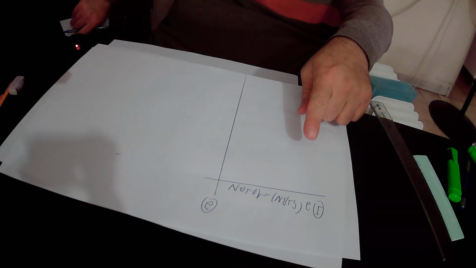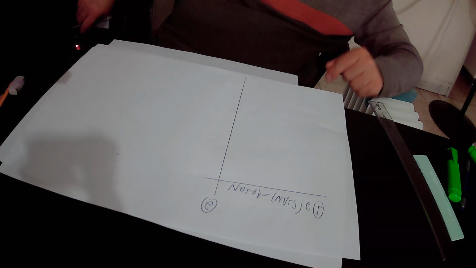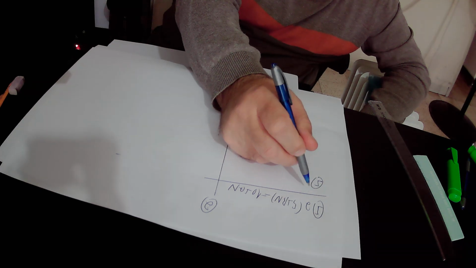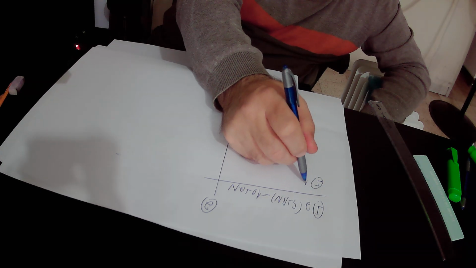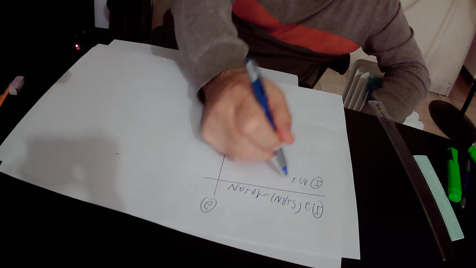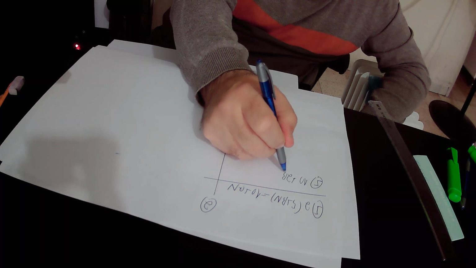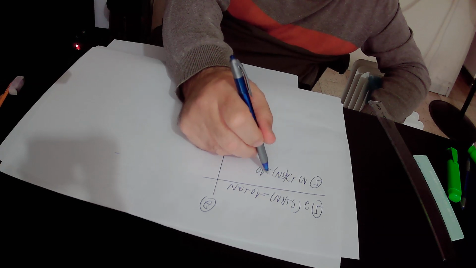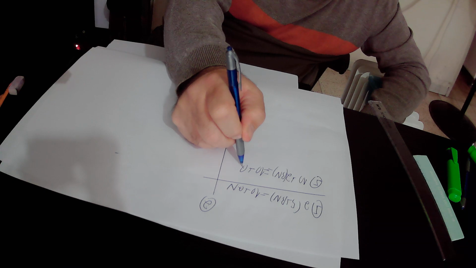Here we will open the brackets on this side of equation number 1. So 2 times 5 is 10, plus 2 times BN is 2BN. That is equal to 10 plus QN.